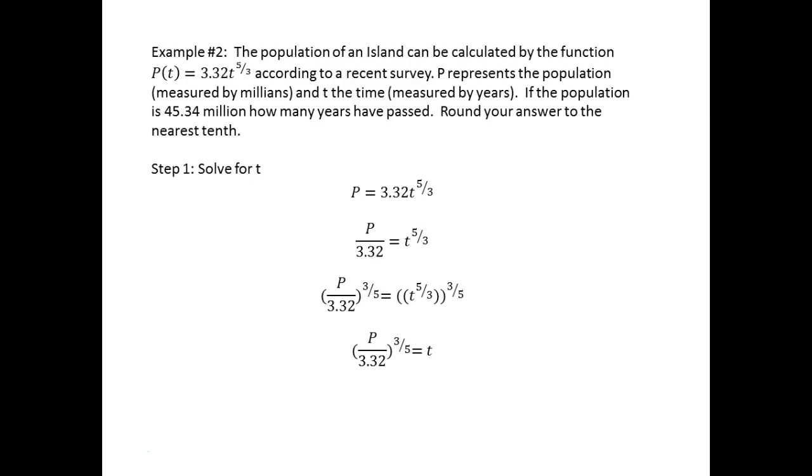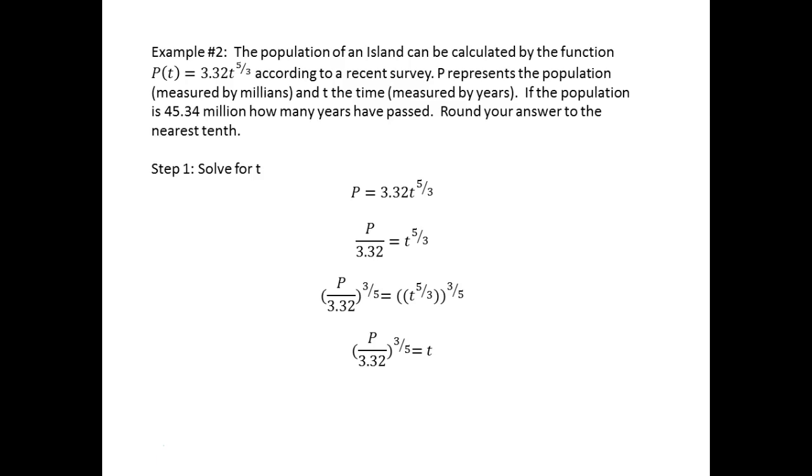I raise both sides of the equation by the reciprocal of my fractional exponent. That means I flip the exponent. So I'm going to raise both sides to the 3/5 power. That gets rid of the exponent on t, and now I have an equation for the time that's passed, the years that have passed, t.